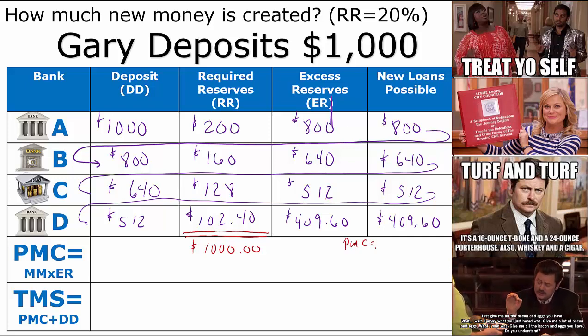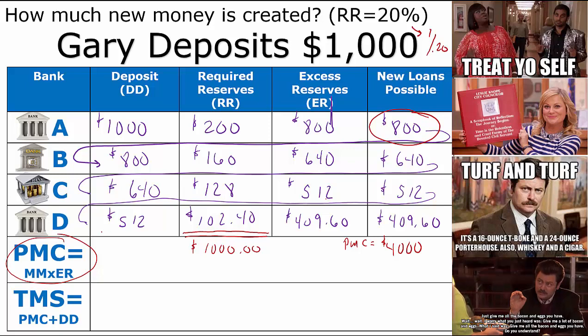That column is going to add up to $4,000. Why? Because PMC is equal to the money multiplier times the excess reserves. The excess reserves are the $800 that was initially loaned out, and the money multiplier is 1 over 0.2 because of the 20% reserve requirement.